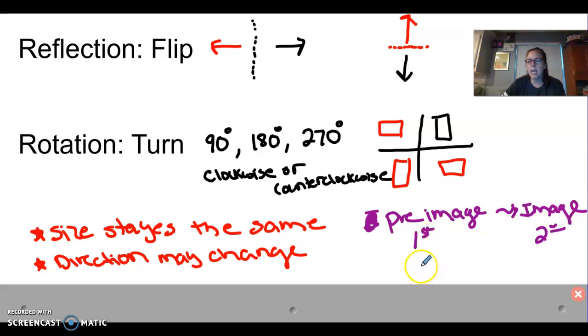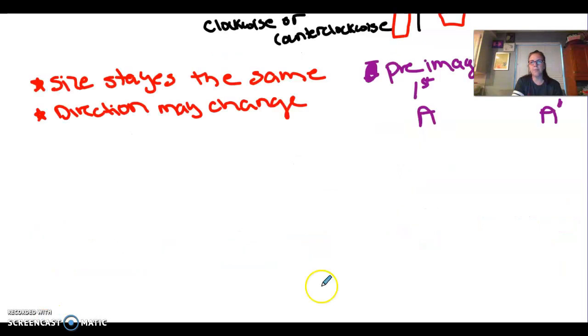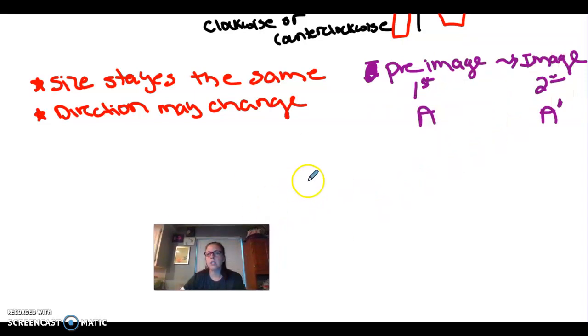This may be A, and the image will be A prime. Let me move so you can see. So this would be A, this would be A prime.